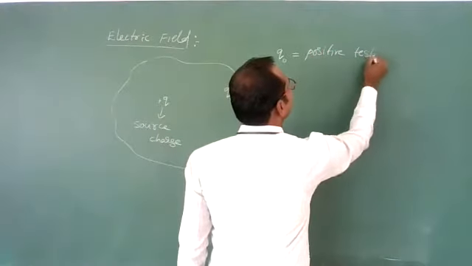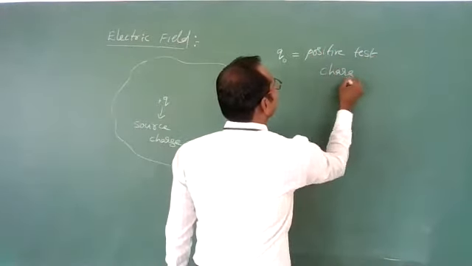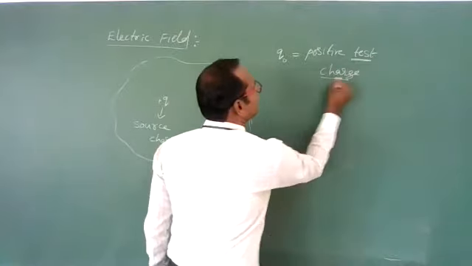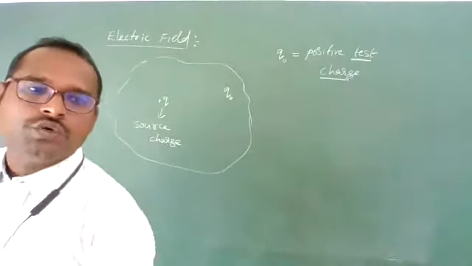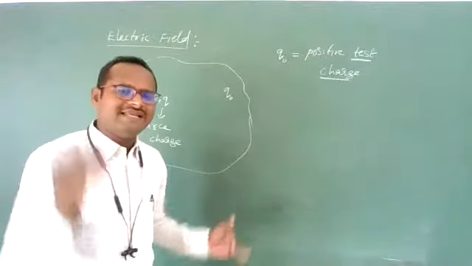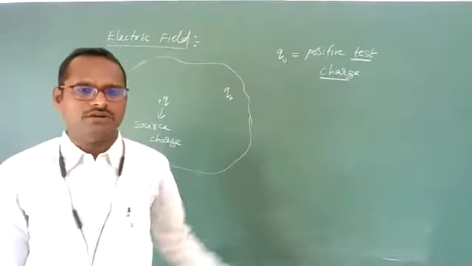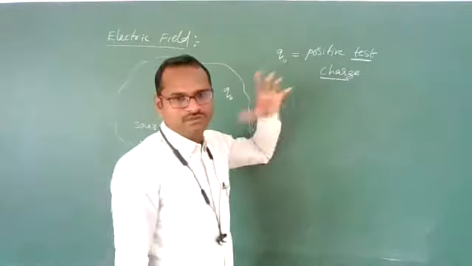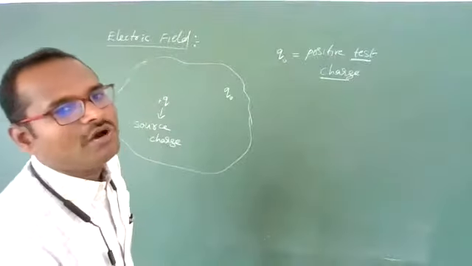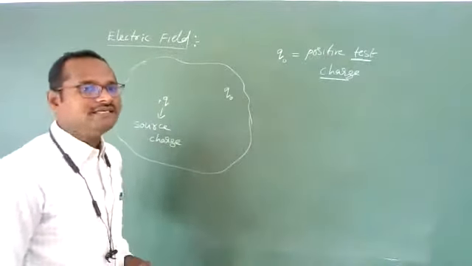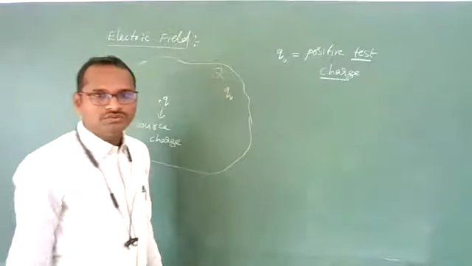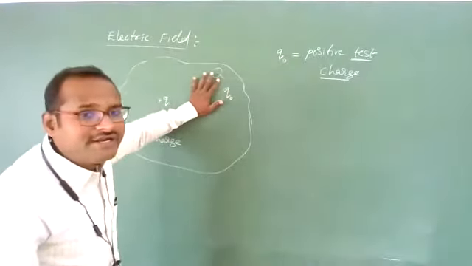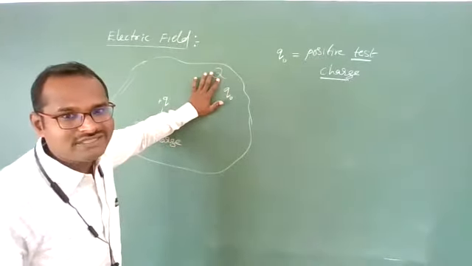test charge. You need to remember this word, test charge. What is a test charge? A test charge is a charge whose magnitude is very small. Why do we need to take a very small magnitude value, sir? See, if you bring one charged particle, let us imagine Q, then this charged particle also will create a field around itself.